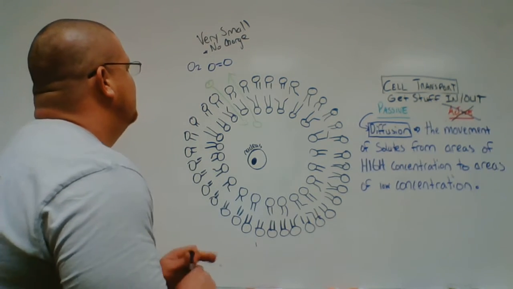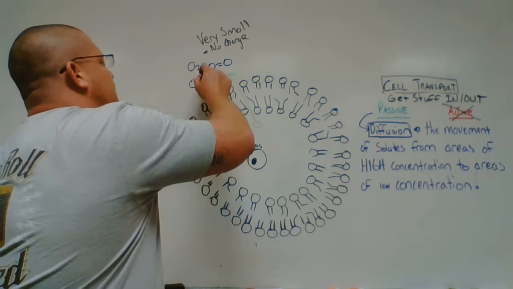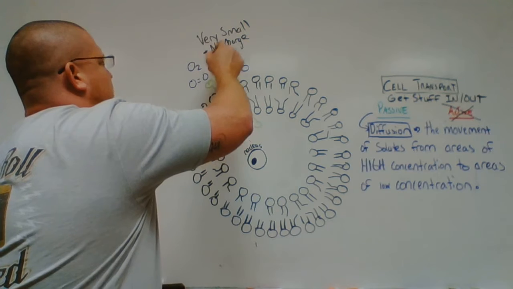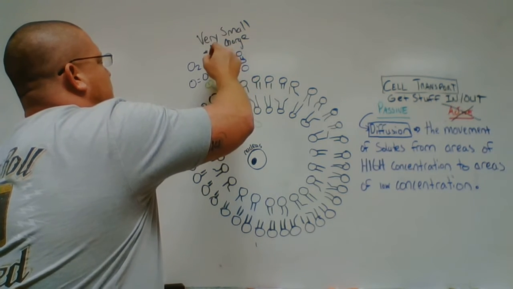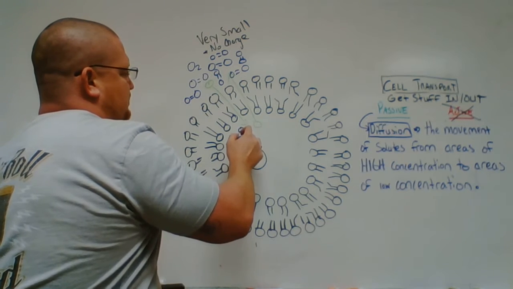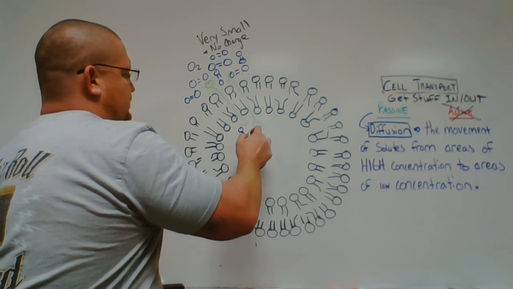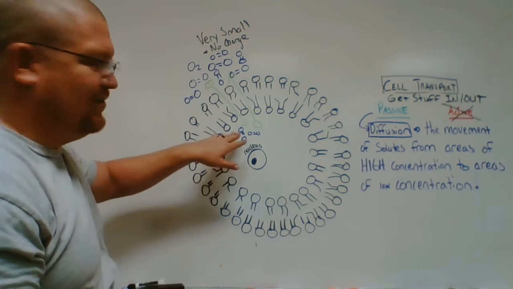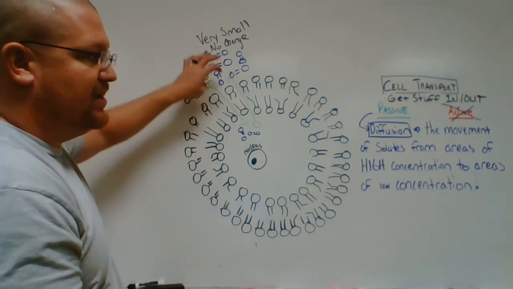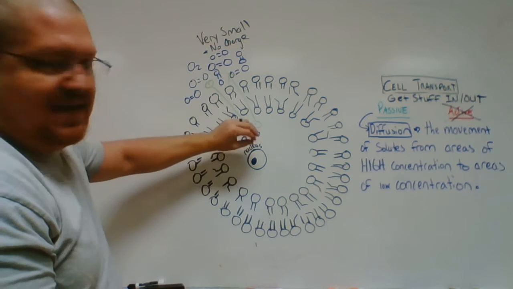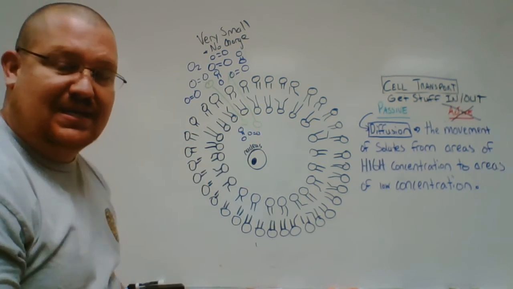What happens is, if you have enough oxygen out here, so we got a bunch of oxygen out here and only like 2 in there, we have an area of high concentration of oxygen, a lot of oxygens, and there's low concentration of oxygens in here right now.